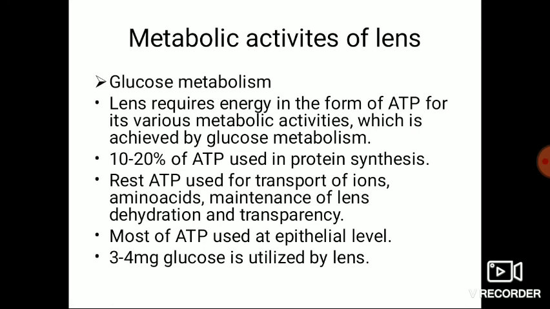Most of the ATP is used at the epithelial level because it is the most active layer of the lens. 3 to 4 milligrams of glucose is utilized by the lens daily.